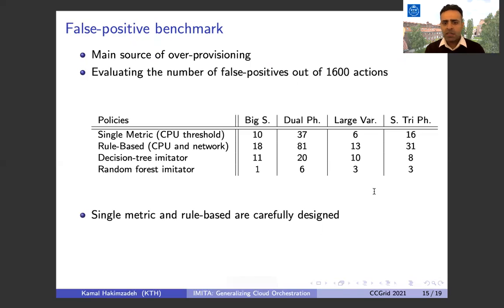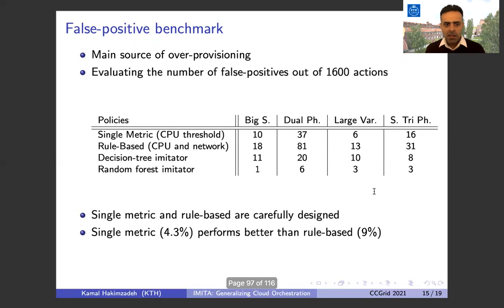Single metric and rule-based are carefully designed so that they can give us the best result based on our analysis of the data. And single metric performs better than the rule-based, 4.3% false positive against 9% in the rule-based.